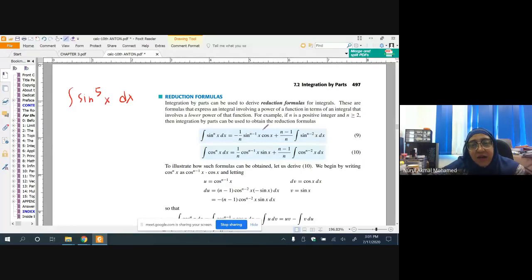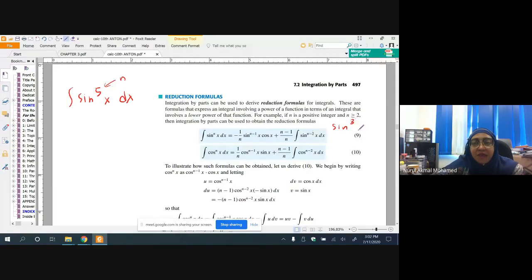But then you have this formula here so that you can reduce to another integral, which is sine to the power of n minus 2. In this case n equal to 5, so the new integral will be sine to the power of 3.